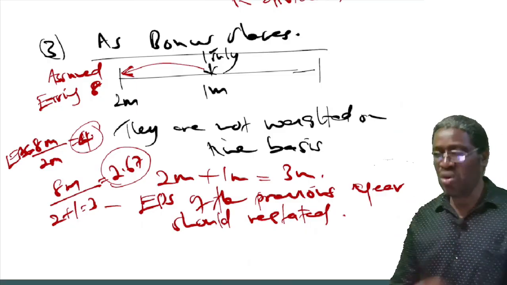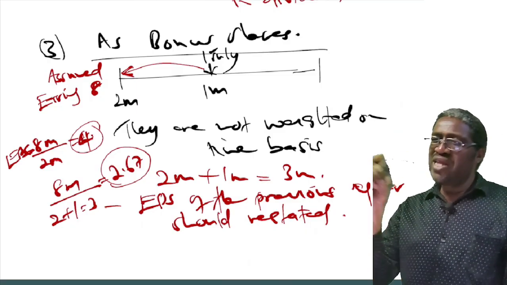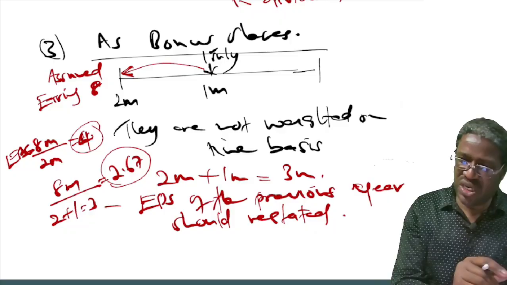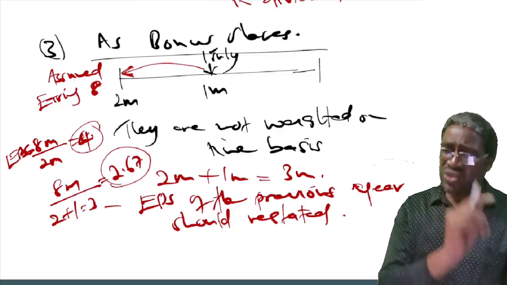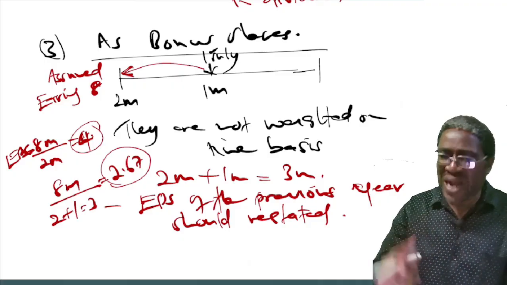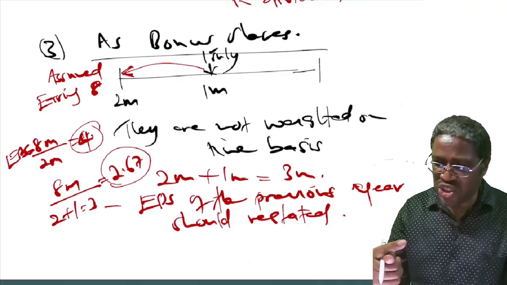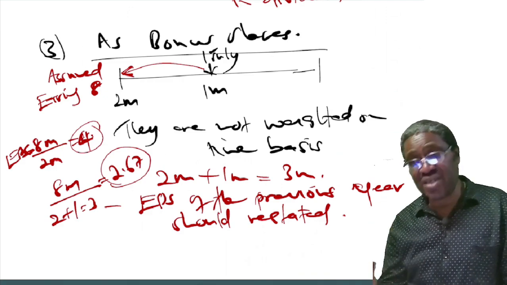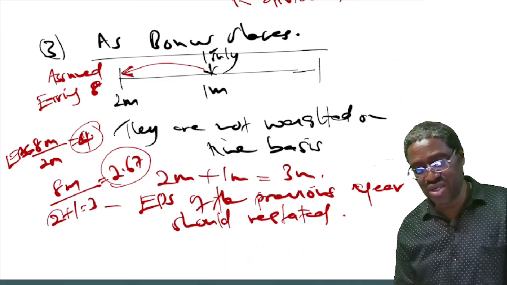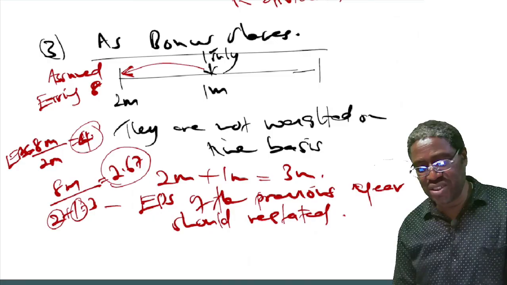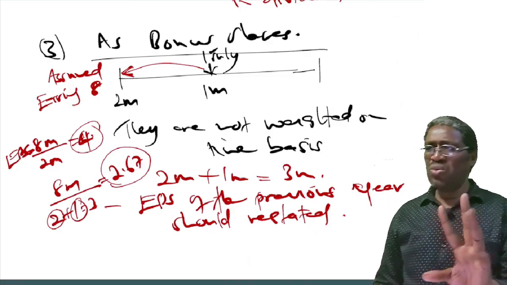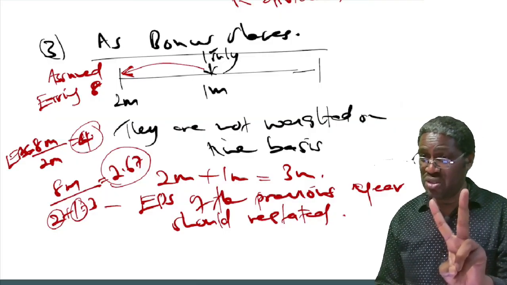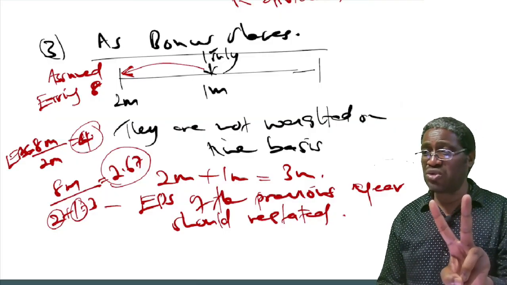By dividing the earnings of the previous year, which is 8 million, by the number of shares in the previous year, plus the bonus shares in the current year. Last year shares were 2 million, plus the bonus shares this year 1 million, that gives me 3 million. So I'm through with the two important points when it comes to bonus.